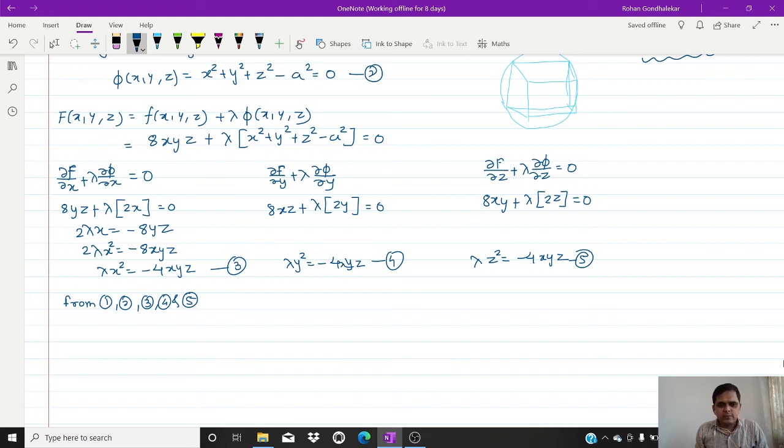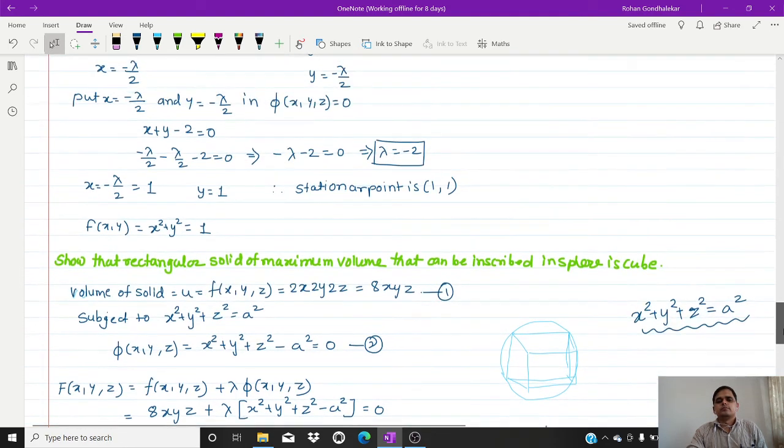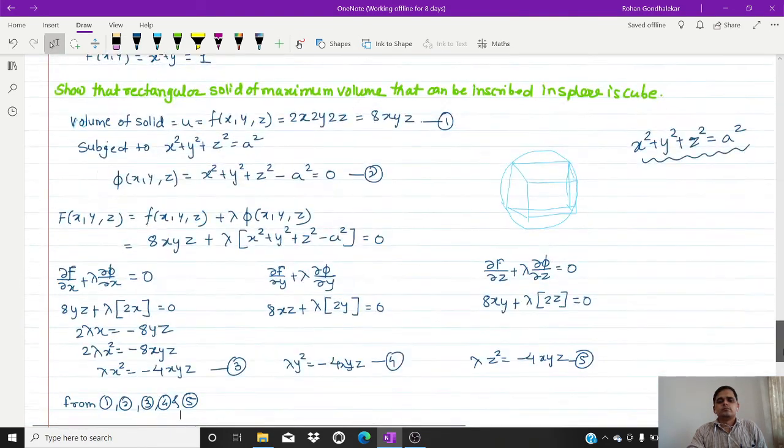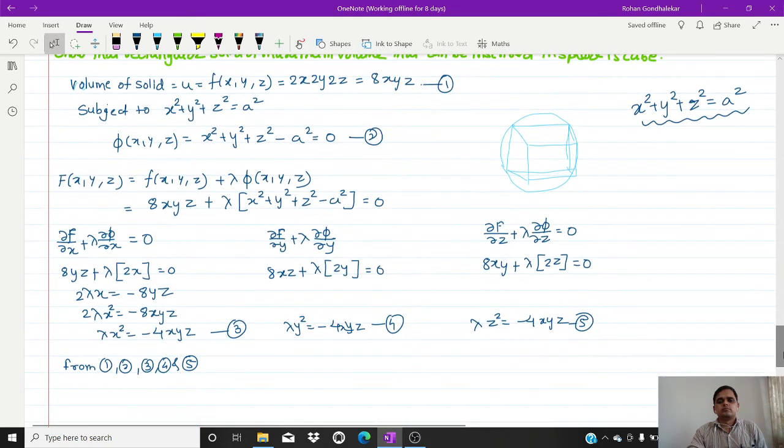So here what I am getting, lambda x square is equal to minus 4xyz. So x square will be replaced by minus 4xyz upon lambda in the equation 2.